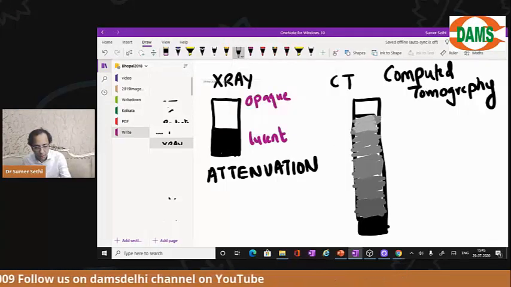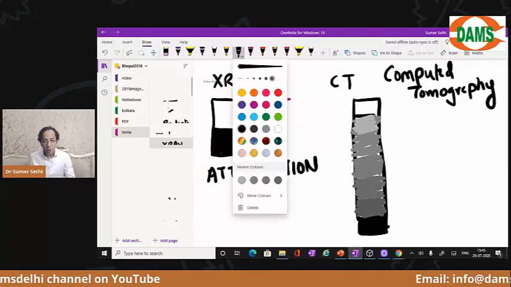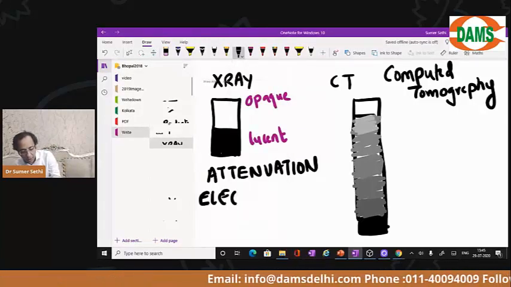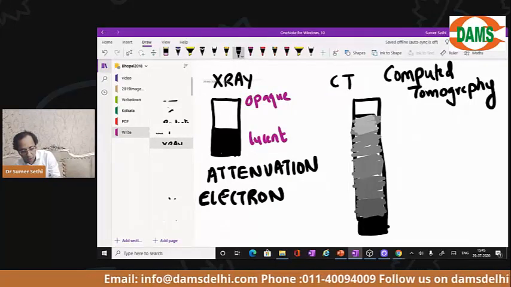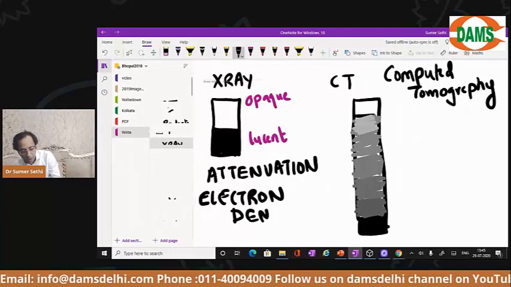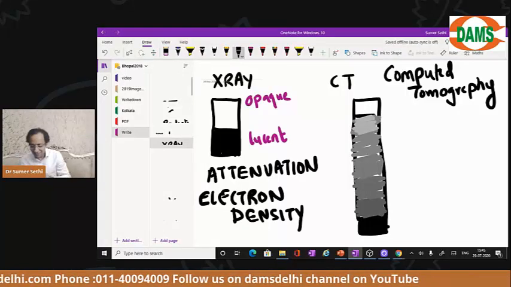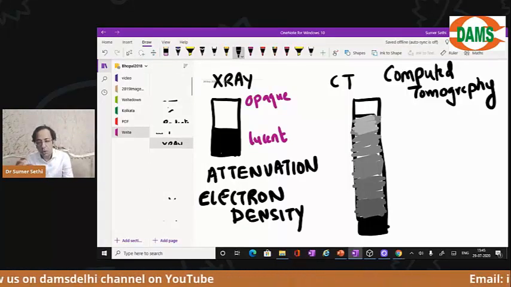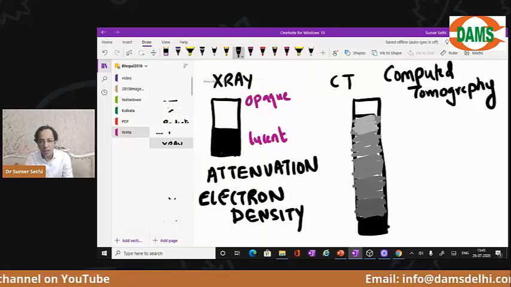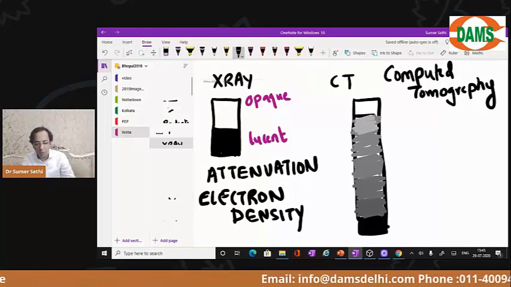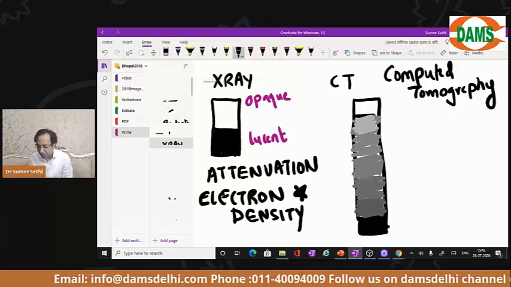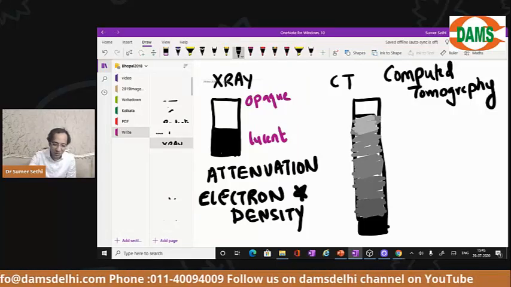These shades of gray are based on tissue attenuation, and as somebody has rightly asked, attenuation is dependent on electron density. Okay, attenuation of any tissue, how much it can attenuate the X-ray beam is dependent on its electron density. Okay, everybody clear?